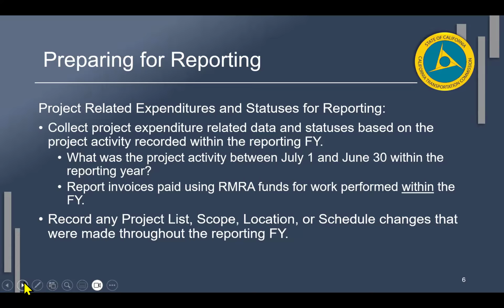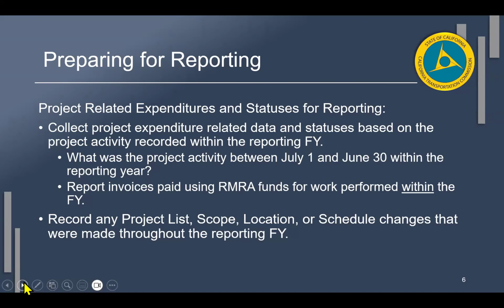Some of you may operate on a different fiscal year schedule. What your operating fiscal year schedule is not relevant to what is the reporting fiscal year schedule that is required by this program. And that is written in statute and then adopted in our guidelines. There's no wiggle room around that.